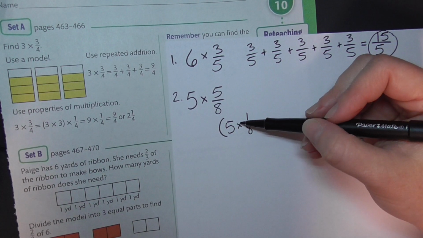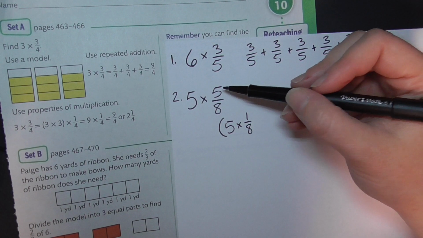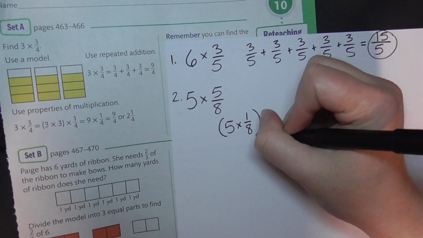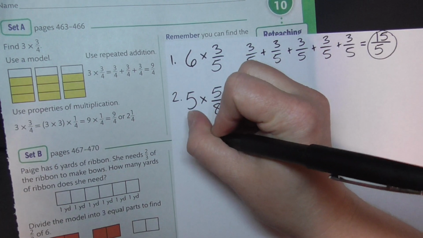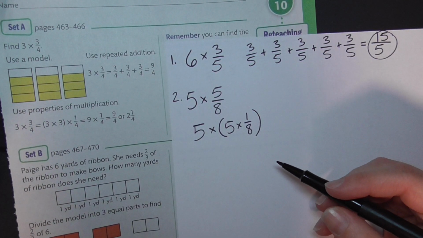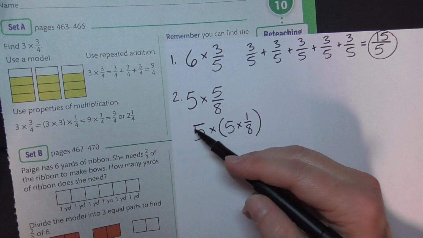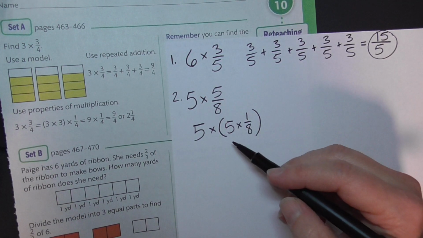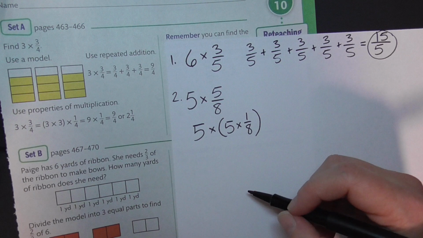So if you take 1/8 times 5, you'll get 5/8. And so we have this in parentheses and we're multiplying it by 5. Okay, so now we have our new equation down here.